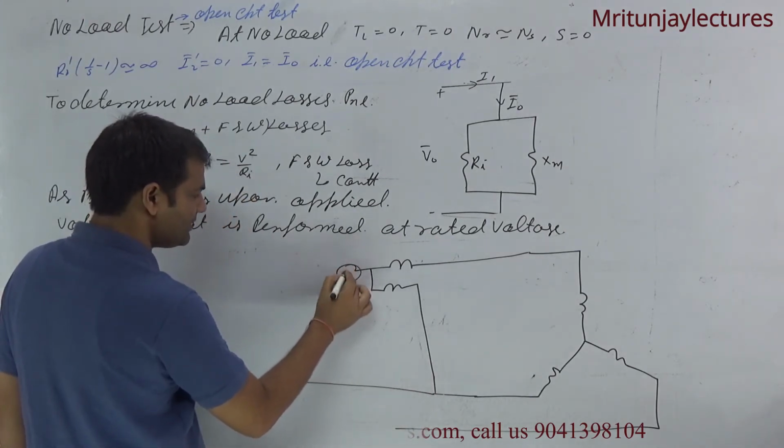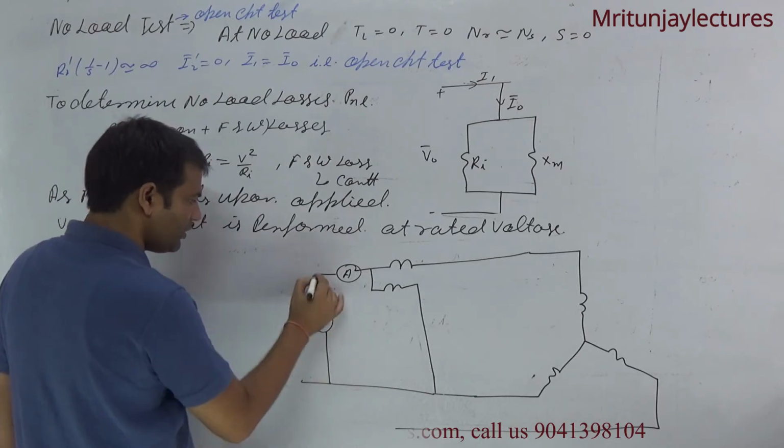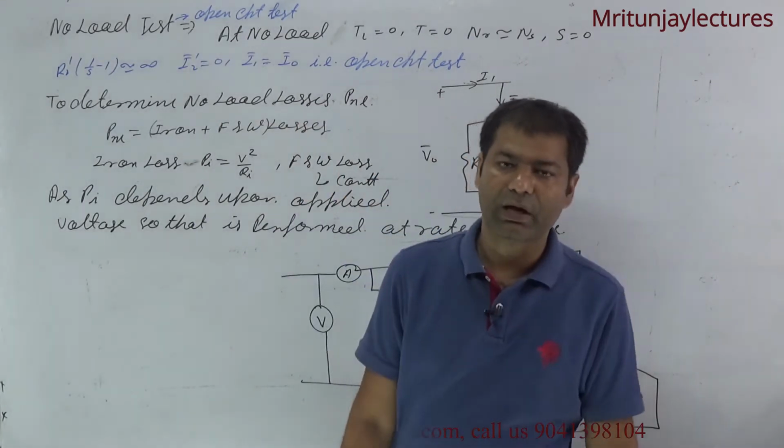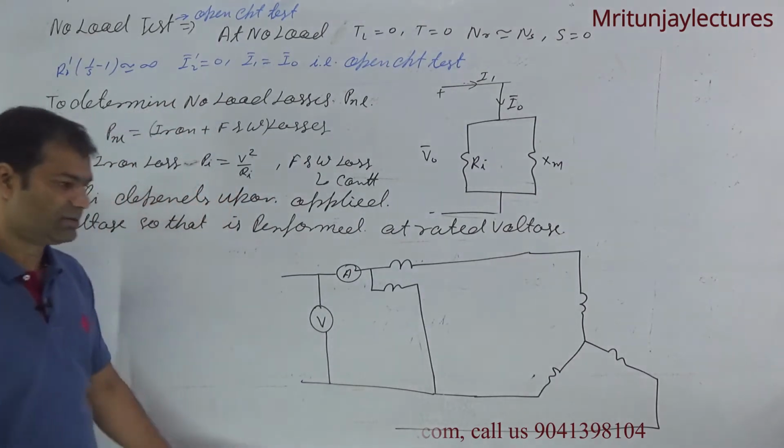Here an ammeter is connected, and this one is connected to a voltmeter. We have already discussed ammeter and voltmeter connections in instrumentation and measurement.